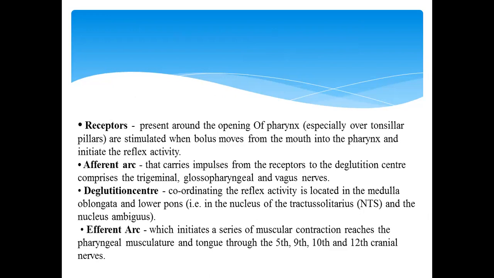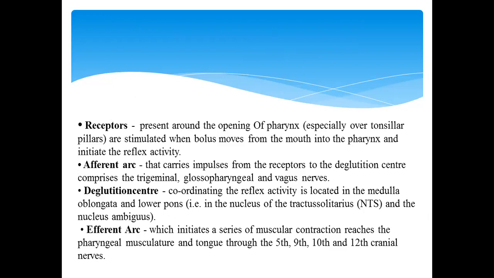The afferent arc, which carries impulses from the receptors to the deglutition center, comprises the trigeminal, glossopharyngeal, and vagus nerves. The deglutition center, which coordinates the reflex activity, is located in the medulla oblongata and the lower pons, that is, in the nucleus tractus solitarius and the nucleus ambiguus.